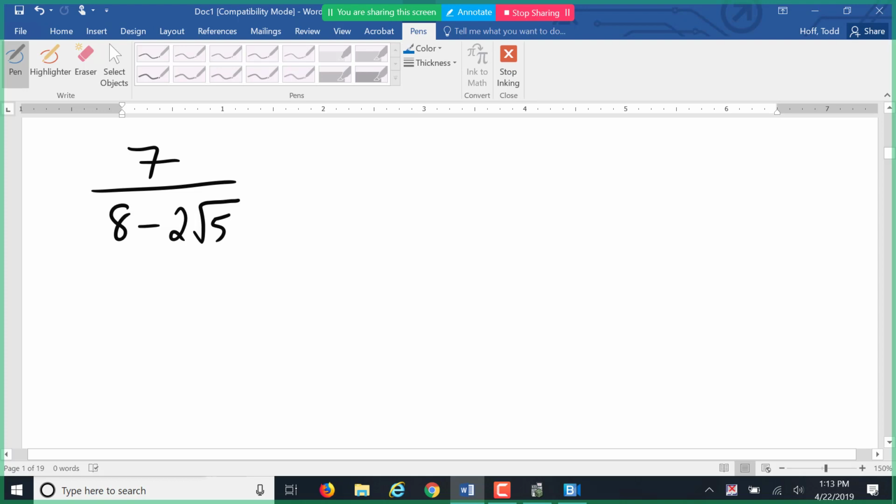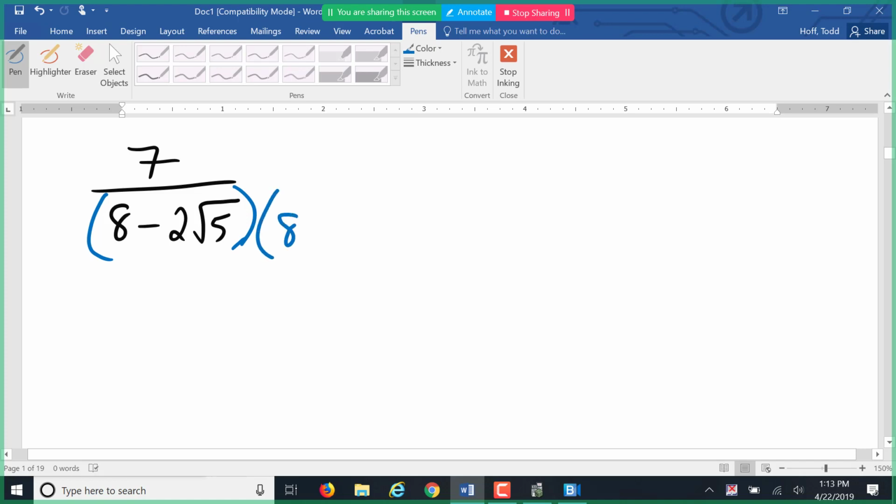If it's not just a single term, a single radical times a number in the denominator, here this is 2 terms. 8 minus 2 square roots of 5 is a 2-term expression. That's where we use that conjugate, and we use the conjugate of the denominator. The denominator here is 8 minus 2 root 5.